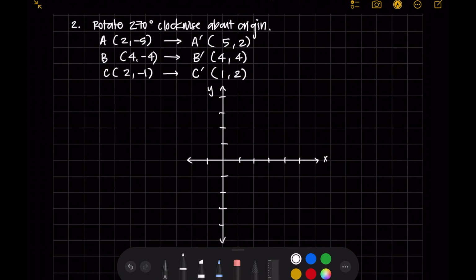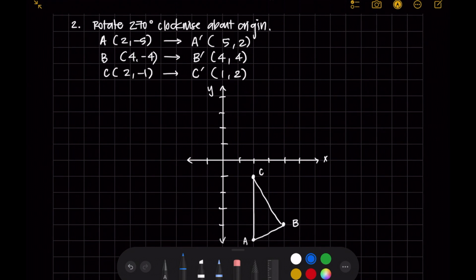So here's my coordinate plane. I'm going to start out by drawing my original figure. A was located at (2, -5), which is right here. B is located at (4, -4), which is right here. C was located at (2, -1), right here. So this is my triangle.